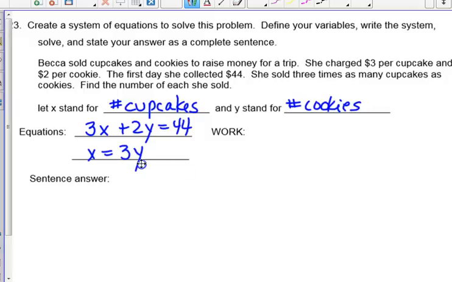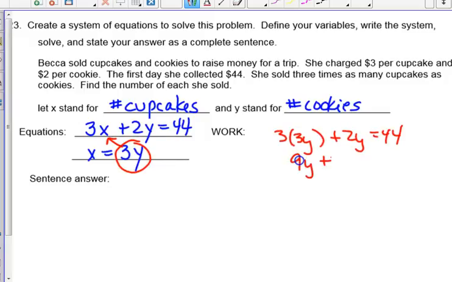So if you wanted to just do a substitution, you could rearrange it into a matrix, but if you wanted to just put this in here, you'd have 3 times 3y plus 2y equals 44. This would be 9y plus 2y, 11y. So she sold 4 cookies.